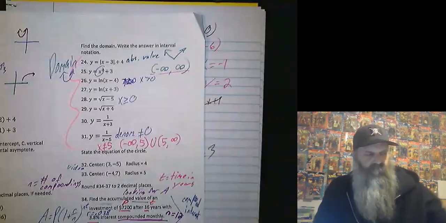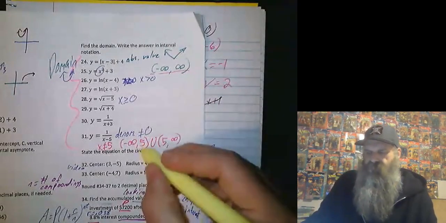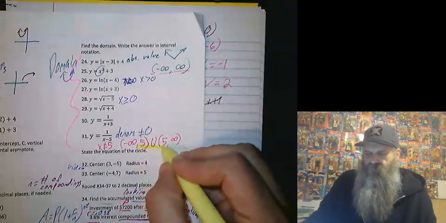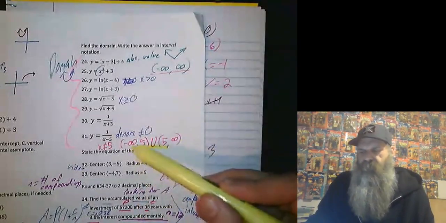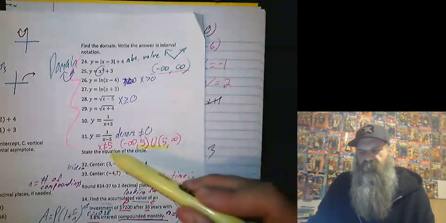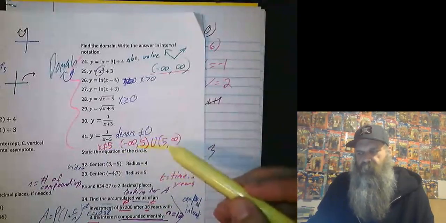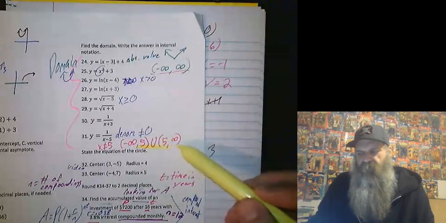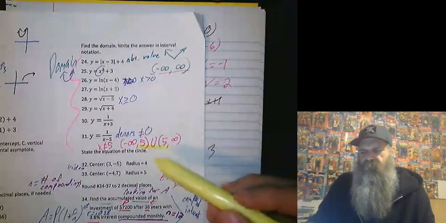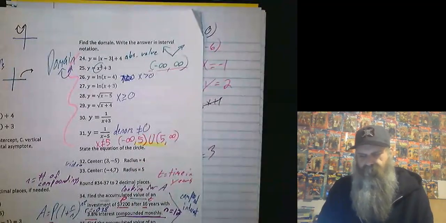And so that's how you have to write it. If x cannot equal 5, then it goes from negative infinity to 5, and the parenthesis shows that 5 is not included, and then it picks back up and goes from 5 to infinity. So you need the two 5s, you need the union symbol.